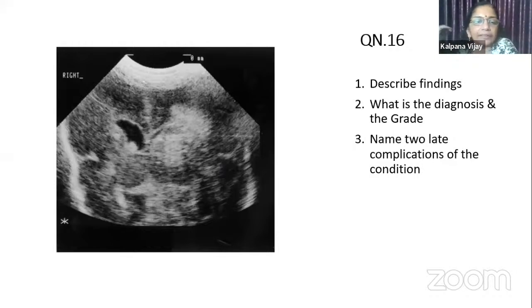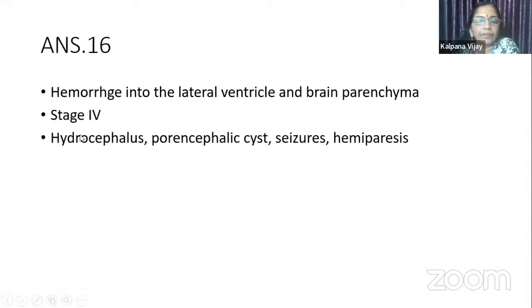So porencephalic cyst and hydrocephalus are the 2 answers. Or if we write seizures also, it is okay. But these are the 2 complications that you can see. So hydrocephalus, porencephalic cyst, seizures, and hemiparesis.